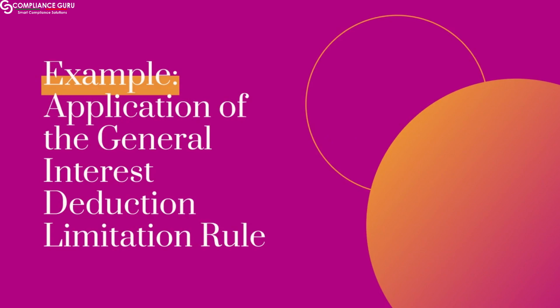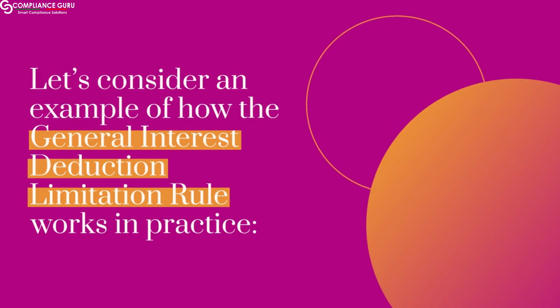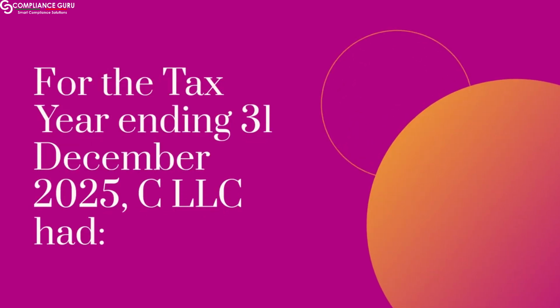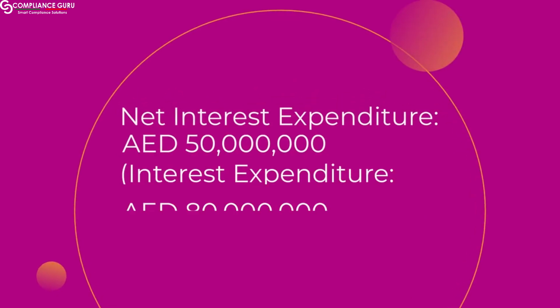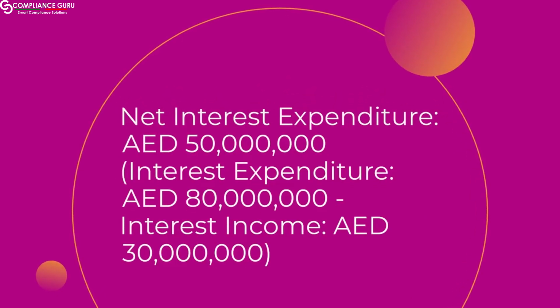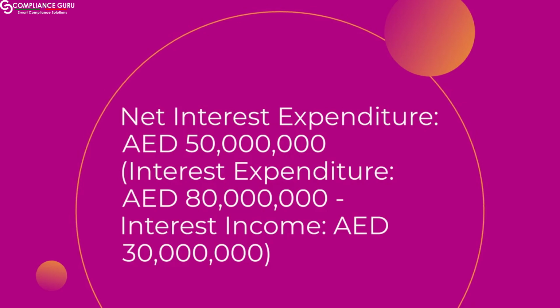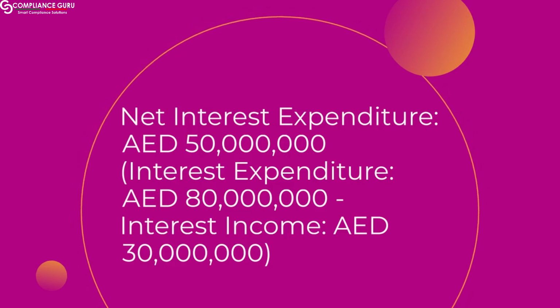Example: application of the general interest deduction limitation rule. Let's consider an example of how the rule works in practice. For the tax year ending 31st December 2025, CLLC had revenue AED 150 million, adjusted EBITDA AED 130 million, profit before tax AED 60 million, net interest expenditure AED 50 million, interest expenditure AED 80 million, interest income AED 30 million.